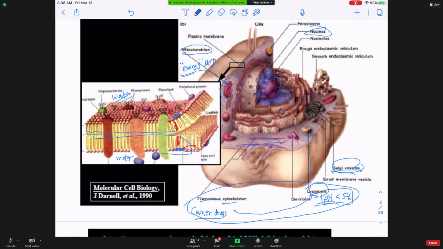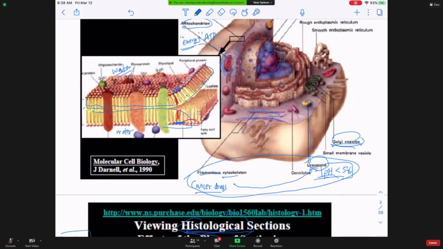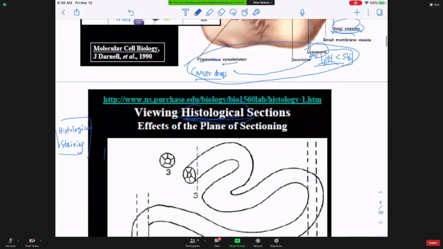The cell has a bilayer, where the inside is hydrophobic and the outside is hydrophilic. The energy machine is the mitochondria, and nanoparticle research generally focuses on the lysosome.